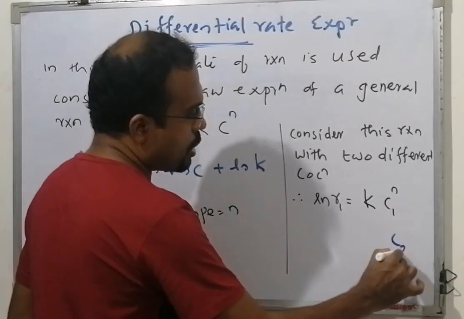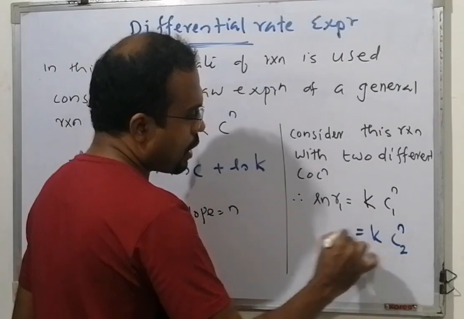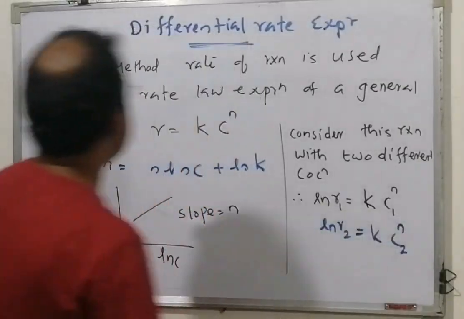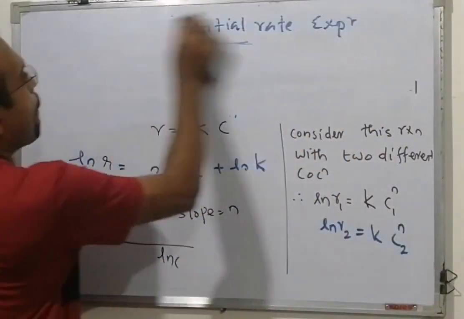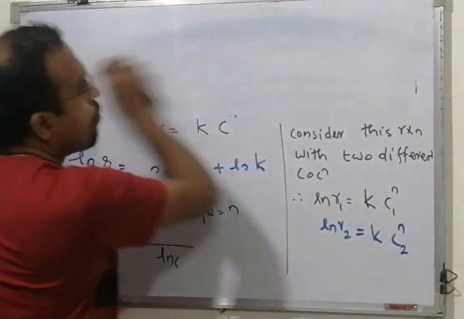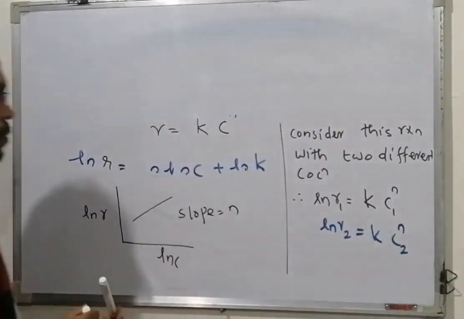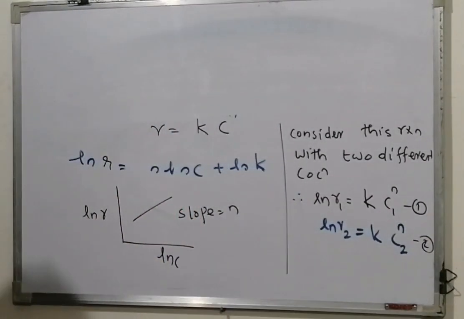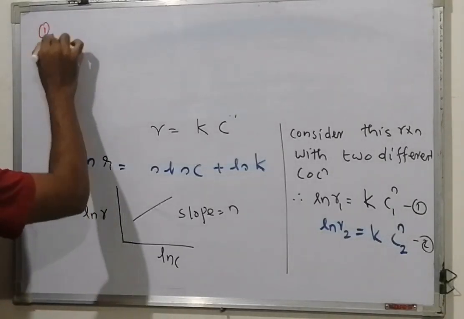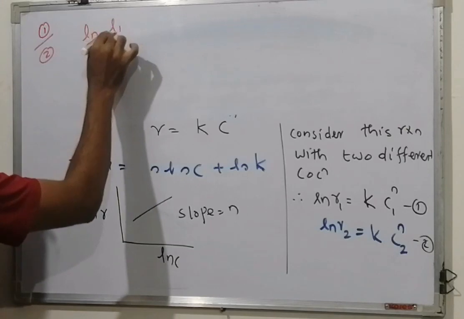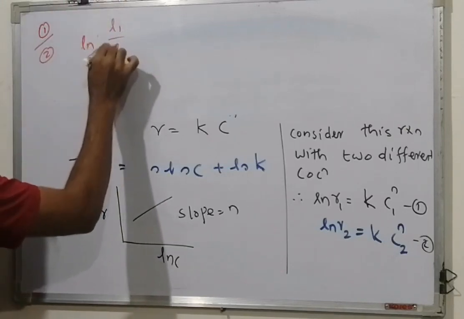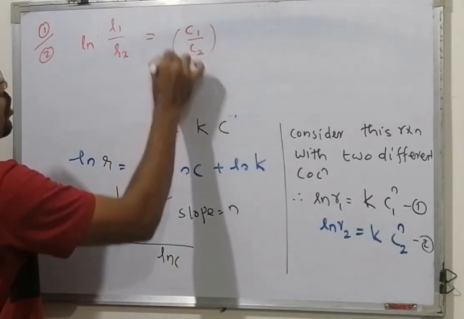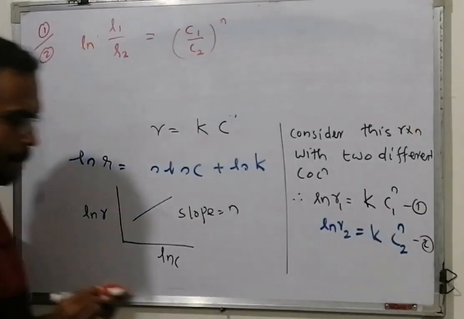For the same reaction with concentration C2, order n, the same K, R2 equal to K C2 raised to n. Make these equation number 1 and equation number 2. Therefore, 1 upon 2, that is R1 upon R2 is equal to C1 upon C2 all raised to n.